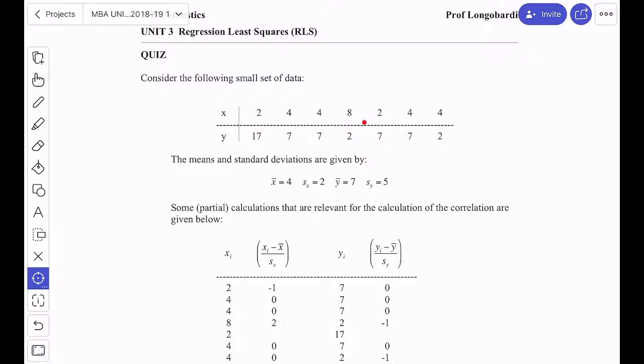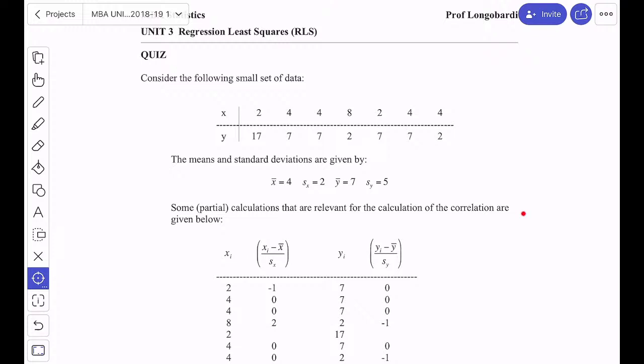So there is a negative type of relationship, but it's not that strong. In this case, X is low and Y is low. And this one, X is low and Y is high. So this creates the ambiguity and makes it less close, closer to 0 than with a strong relationship.